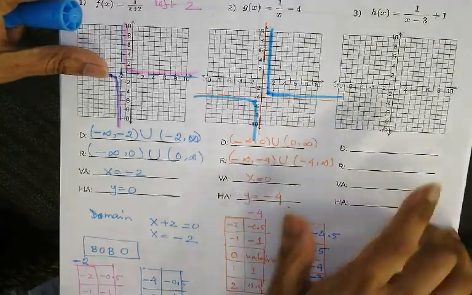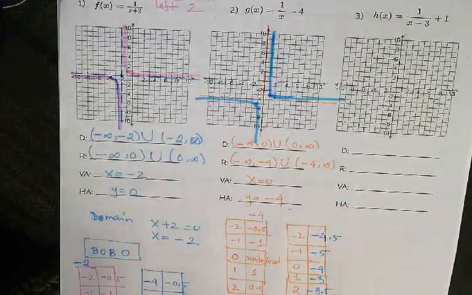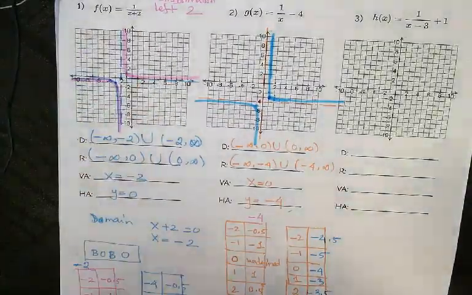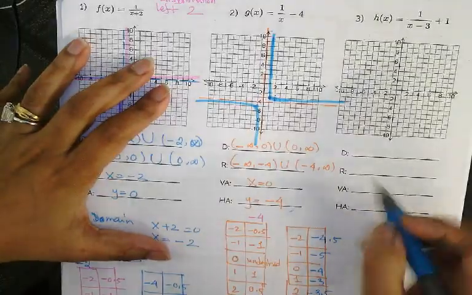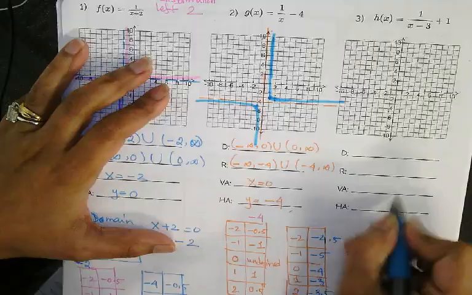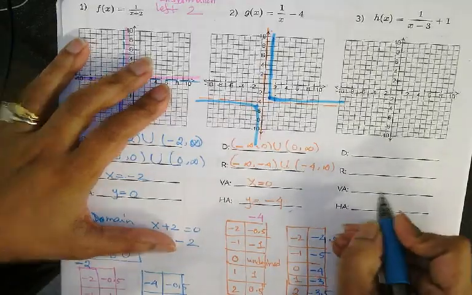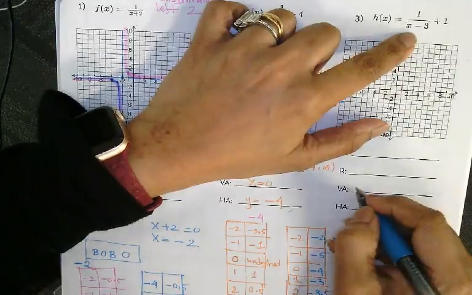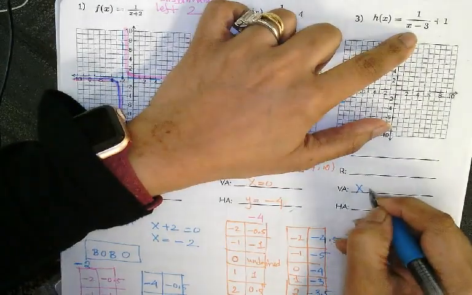Let's talk about the last one. I'm not going to work on all the details over here. So on this one, for the vertical asymptote, we said x minus 3 equal to 0. So what will be the vertical asymptote? X equal to 3.